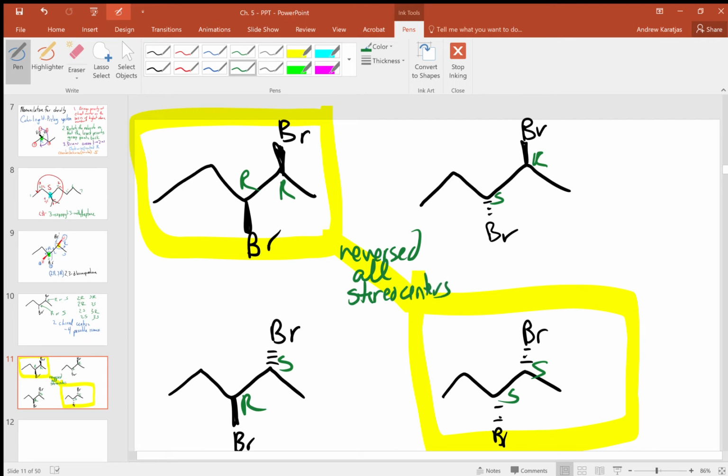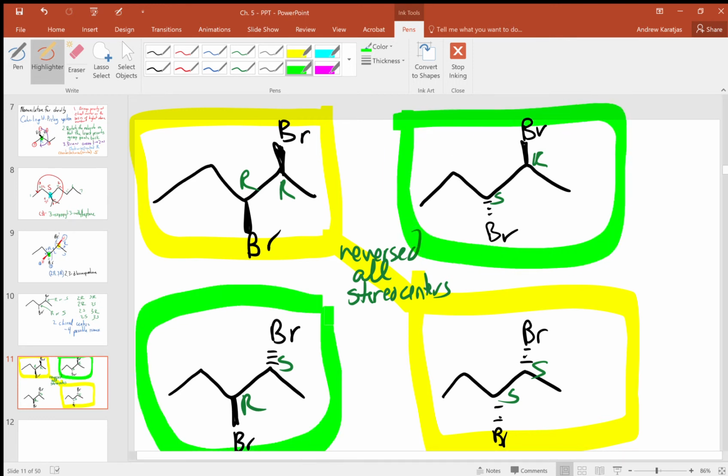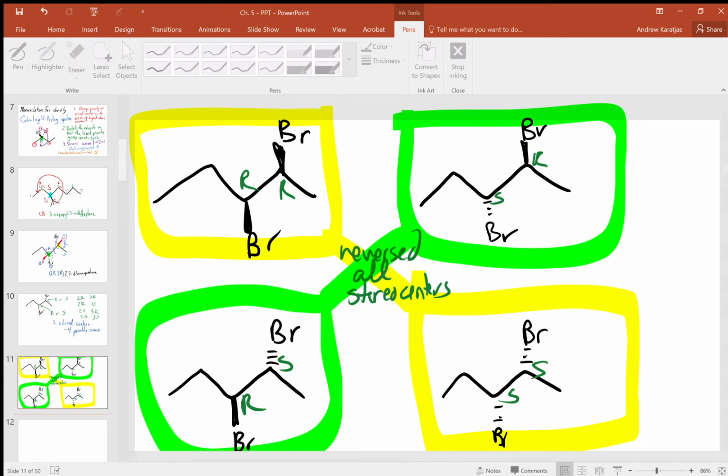So anything that was R became S, anything that was S became R. And the same thing for these 2 that I'm circling in green. Anything that was R became S, anything that was S became R.